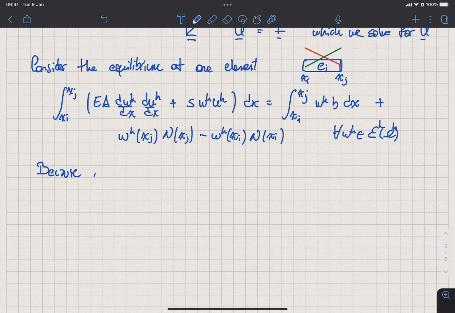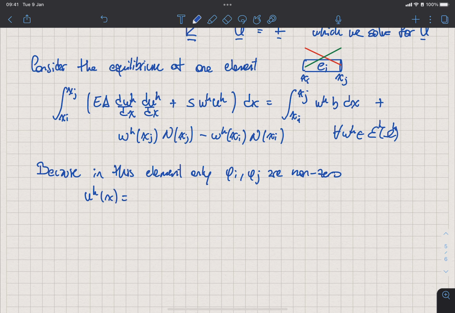Because in this element only these two functions are non-zero, then for this particular element only, you can write the approximation UH of x as phi I of x UI. Remember that UI is the degree of freedom, so these are coefficients.